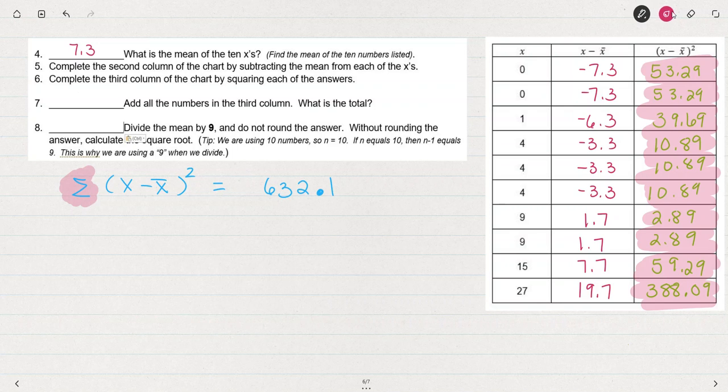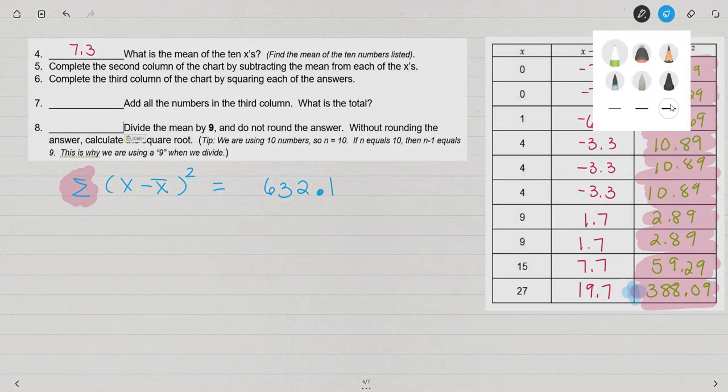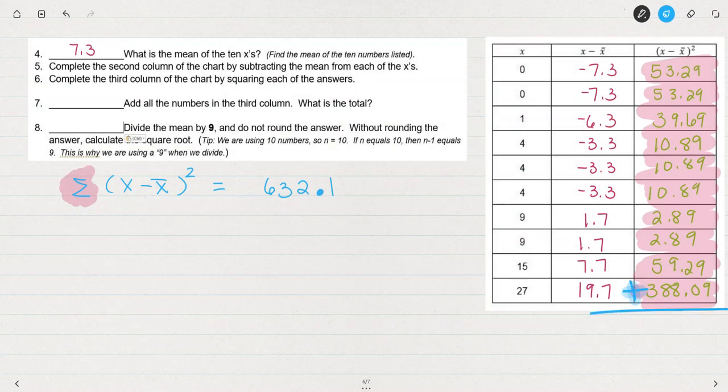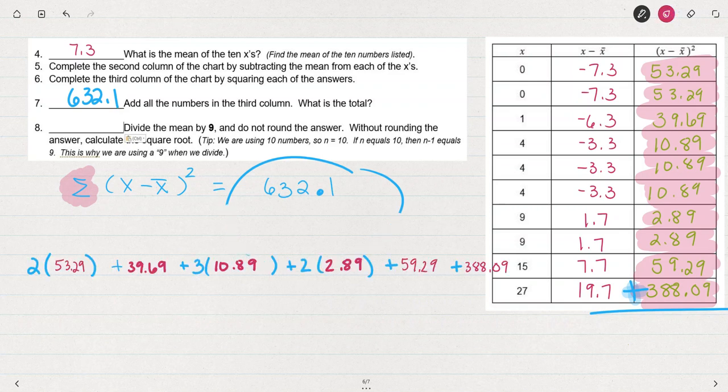And when I do that addition, so I'm adding this column, when I do that addition, I got 632 and 1/10. That's just adding each of the numbers in that column 3.